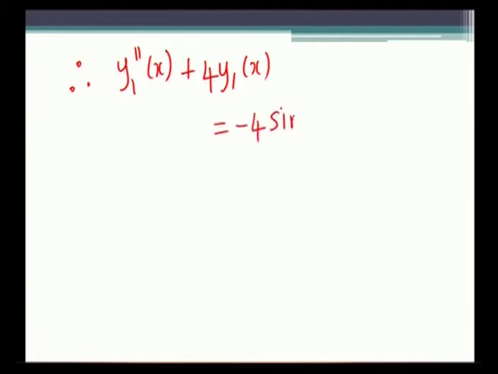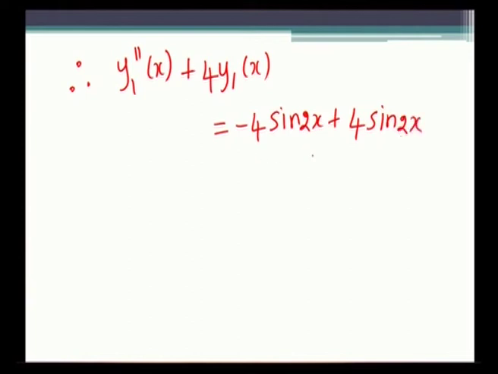equation. So, the equation will change as y1 double prime of x plus 4 y1 of x, which is equal to minus 4 sin 2x plus 4 sin 2x.